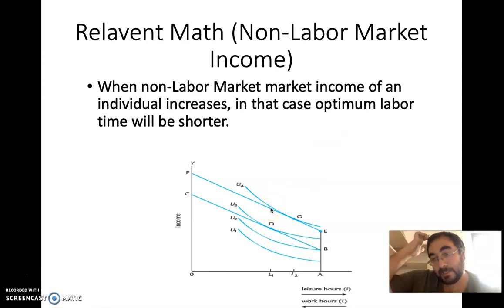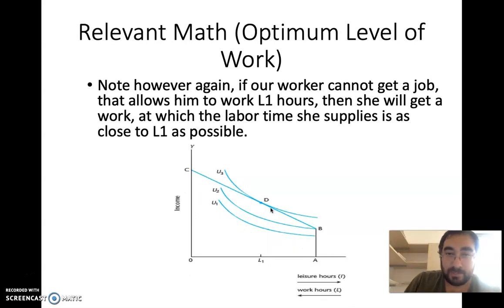Here is the mathematical fact, and I will also explain what it means economically. At the point where the budget line, this curve, is tangent to the indifference curve U3, the slope of this curve and U3 is the same.